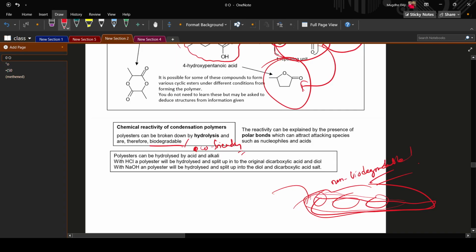Polyesters can be hydrolyzed by acid and alkali. With HCl, a polyester will be hydrolyzed and split up into the original dicarboxylic acid and diol. With NaOH, a polyester will be hydrolyzed and split up into diol and dicarboxylic acid salt. One thing's pretty clear, I think they made a mistake here.